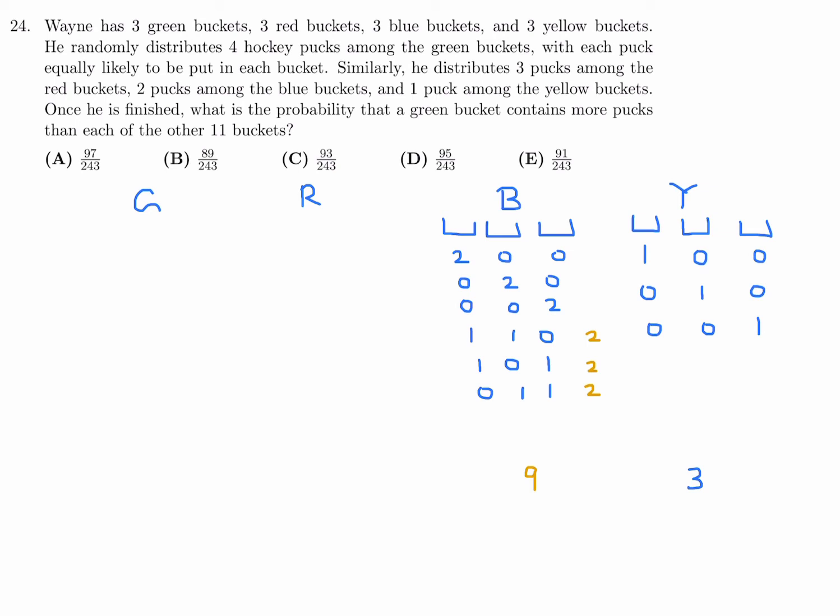Okay. Now let's talk about red. Red, 3 pucks. So you can have 3, 0, 0, 0, 3, 0, 0, 0, 3. Or you can have 2 and 1. So you can have 2, 1, 0, 2, 0, 1, 1, 2, 0, 1, 0, 2, 0, 1, 2, 0, 2, 1. Or you can have 1, 1, 1, like that.